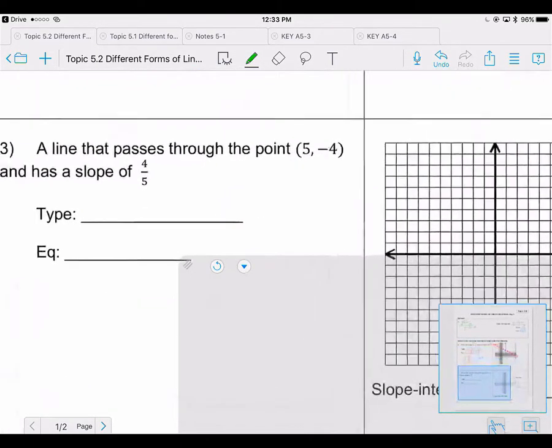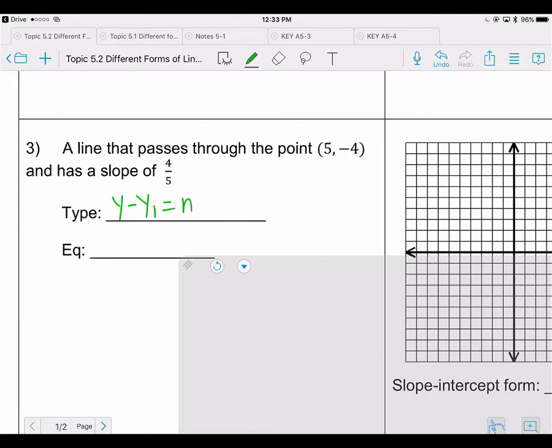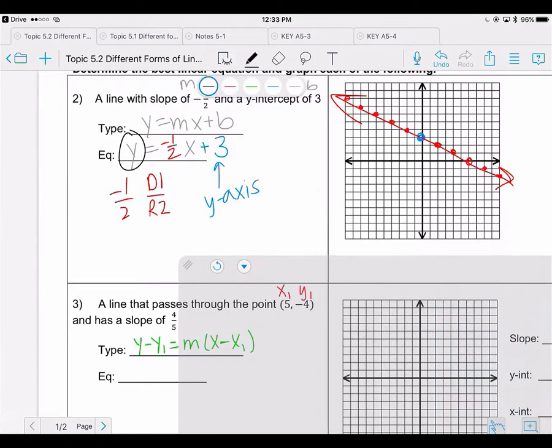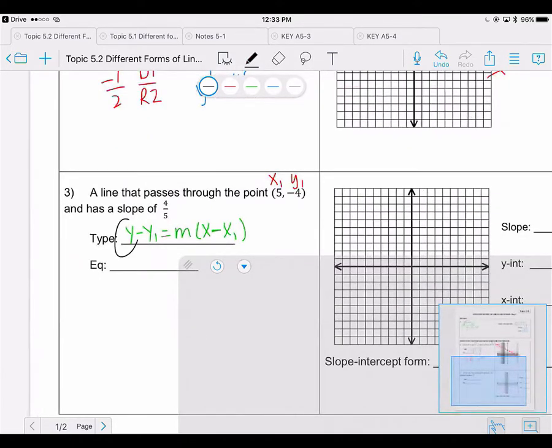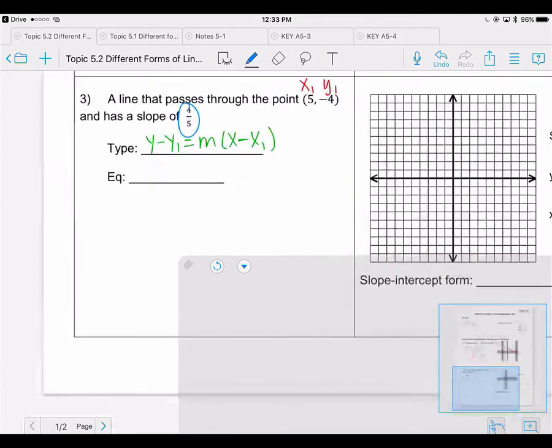Problem 3 asks us for a line that goes through a point and has a slope. So because we have a point and a slope, it would be really wise of us to use point slope. When we use point slope, we label our point x1 and y1. Remember that when we have slope intercept, we have the y and the x left. So we will leave the y and the x alone, and we will plug in an m value, an x1, and a y1.